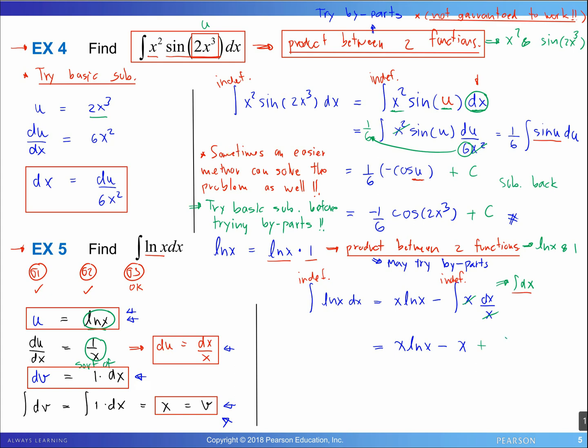Now take the common term x to the front. We have x times ln x minus 1 inside the parenthesis, plus c, and that is the answer for example number 5. With this, we know that x times ln x minus 1 is the antiderivative of ln x.